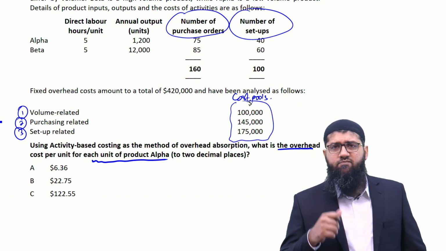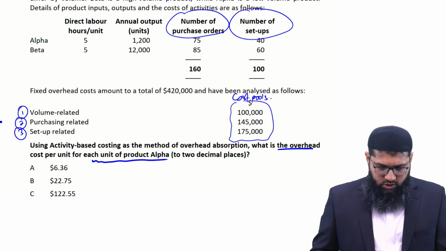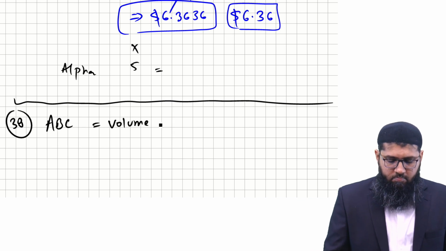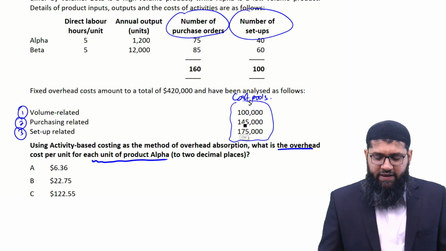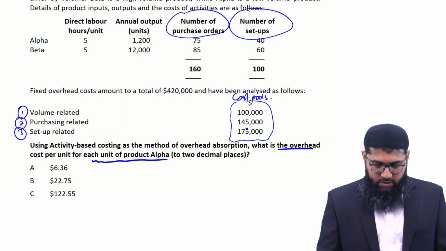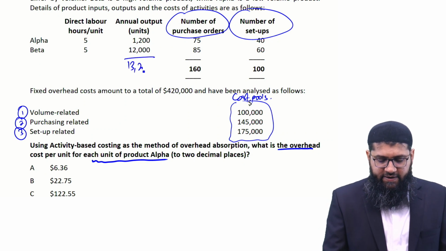The first thing is the volume related overheads that we have, which is 100,000. You divide it by the total units, which is 13,200.